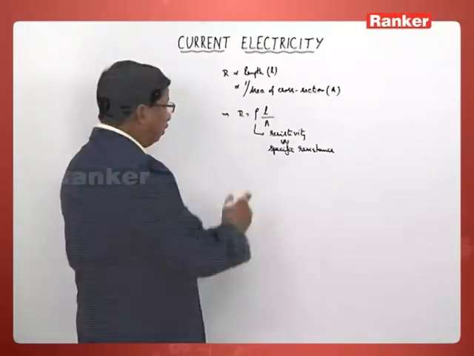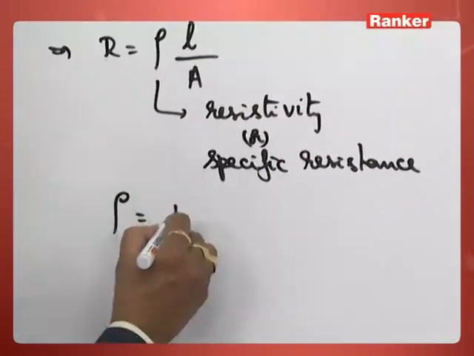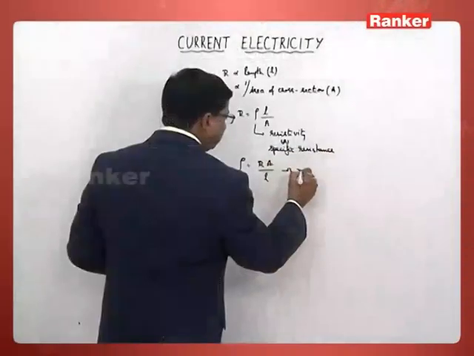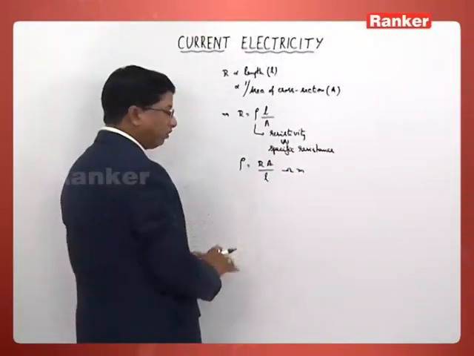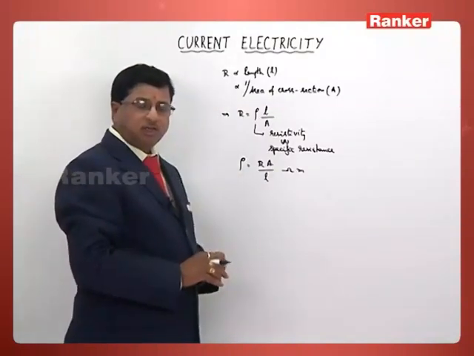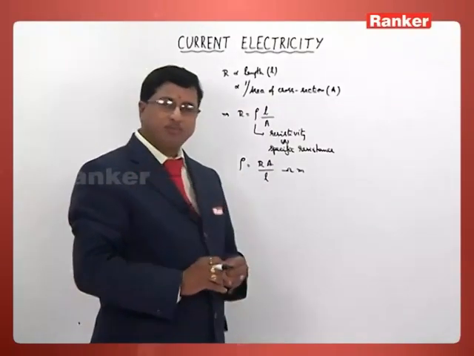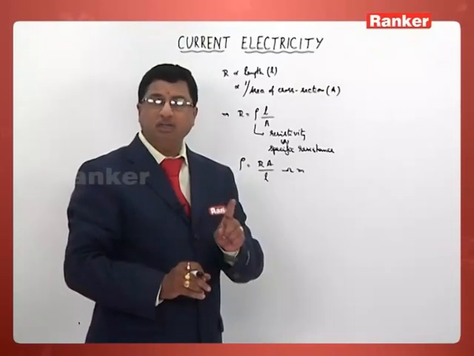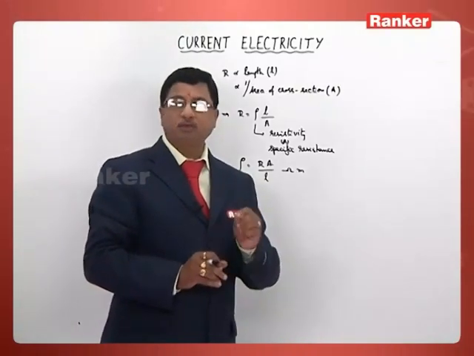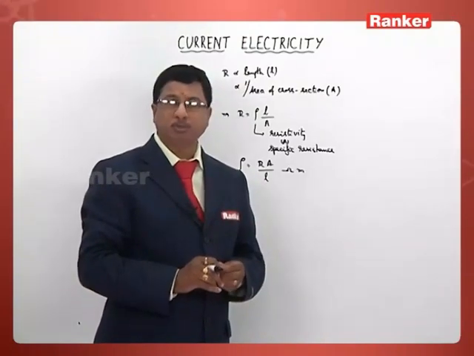So rho is nothing other than RA by L, and of course ohm meter is the unit. We all can understand directly like that. But resistivity, except on temperature, does not depend on the dimensions of the conductor taken up. This is one of the most important aspects we have to remember.